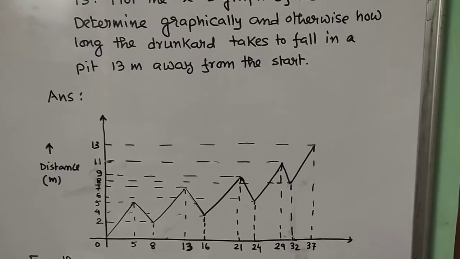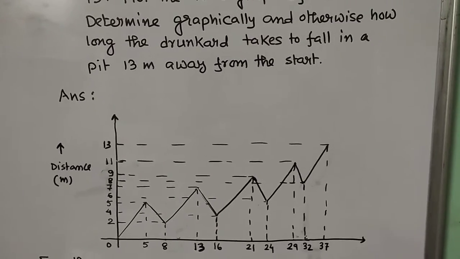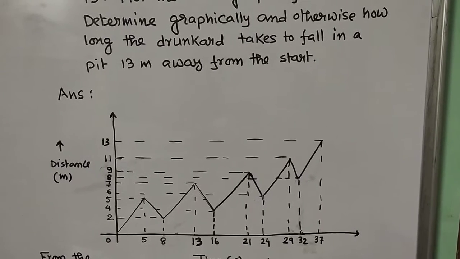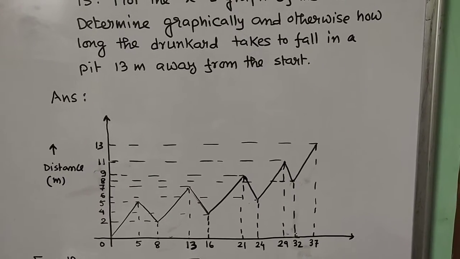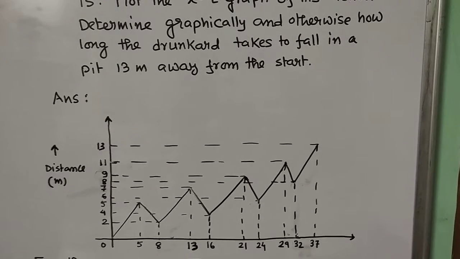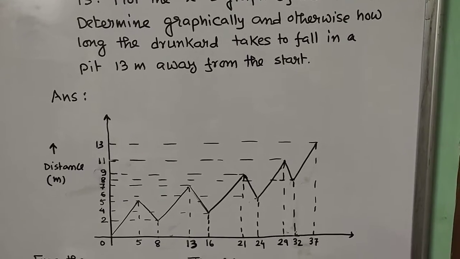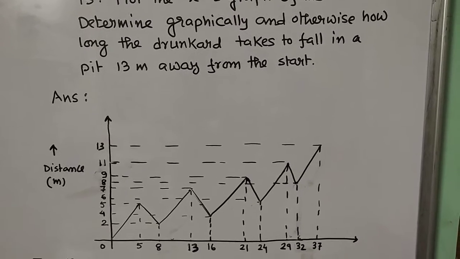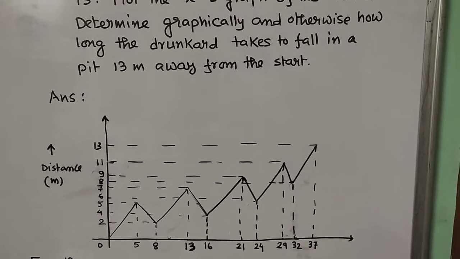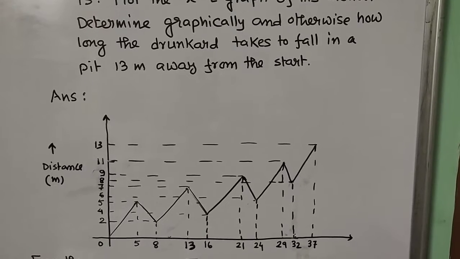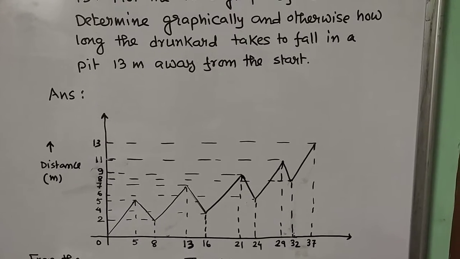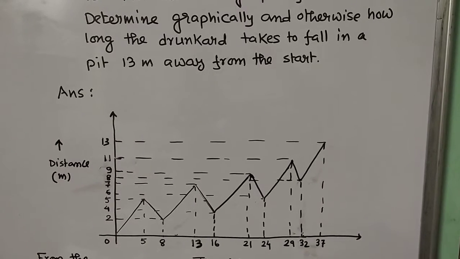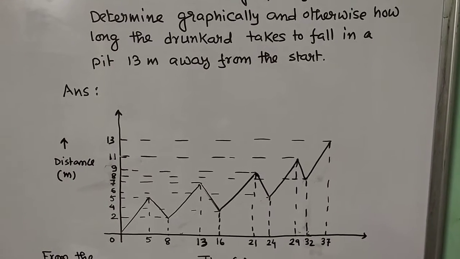So 8 seconds corresponds to 2 meters because the person moves back. Now again the person starts his journey from 2 meters and moves 5 steps forward. It means now it is 7, and the corresponding time is 13, because 5 steps forward means 5 seconds. So 13 seconds corresponds to 7 meters.